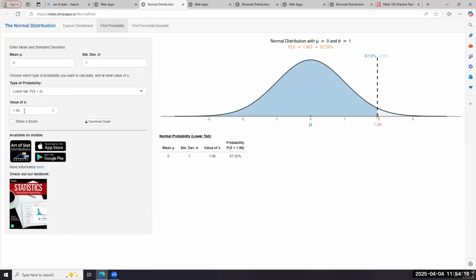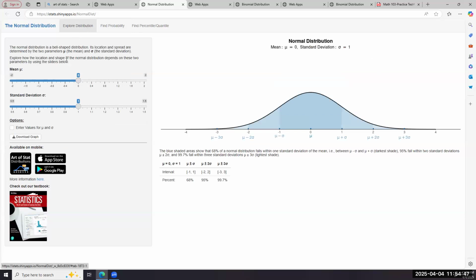In this problem, we have to change it a little bit, showing the z-score. We usually start with x all the time, but in this case I just want to use z. Let's go back to the original one.